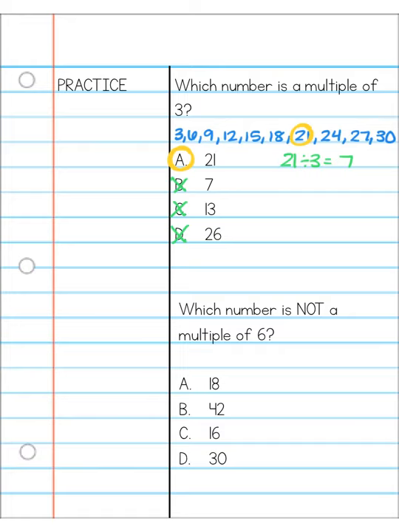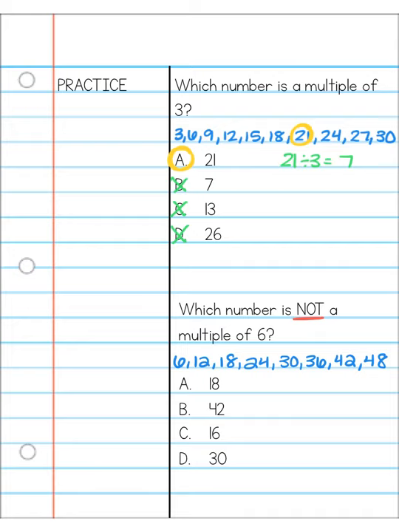The next multiple choice question says which number is not a multiple of 6? And I want you to try answering this one on your own. To find which one of these numbers is not a multiple of 6, we're going to skip count with 6. So 6, 12, 18, 24, 30, 36, 42, 48.